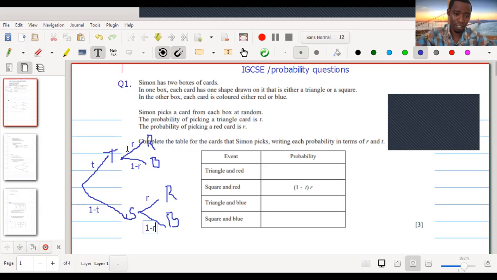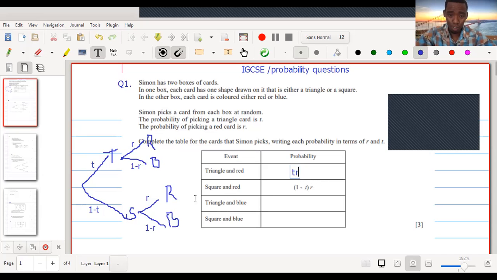So I multiply them, TR. The answer should be T times R. And then here, they said square and red. You can see it's obvious: 1 minus T times R. It's already there in the question. They gave it to us.